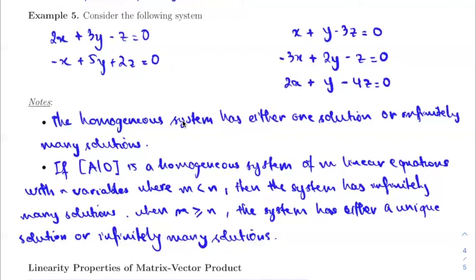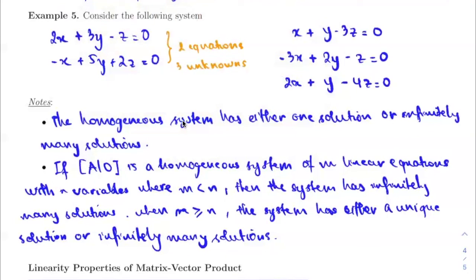Okay, go back to the example we saw earlier. In this system, you have two linear equations and three unknowns.